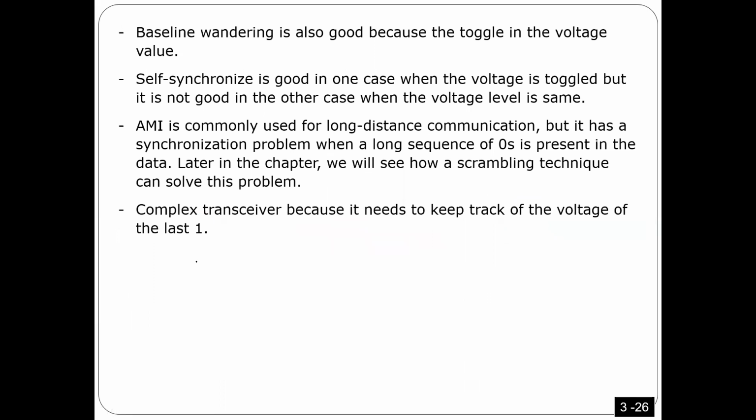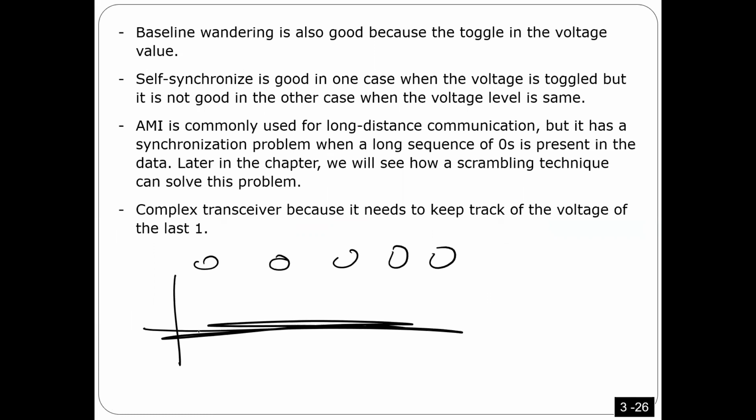What is good about this one? If you have a pattern of 0, 0, 0, 0, 0, then it's going to be 0 volt all the time. Is this good or bad? For sure, that's bad, because if you have 0, 0, 0, it's bad for synchronization. However, if you have 1, 1, 1, 1, assuming at the beginning we are positive, we're going to become negative, positive, negative.